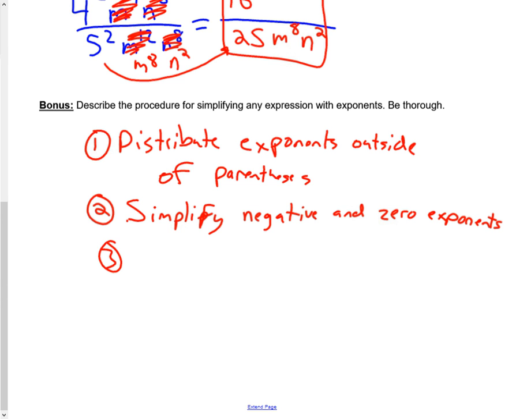After you do that, I would look on top or bottom and combine, which would be like multiplying them or combining them, before you cancel out.